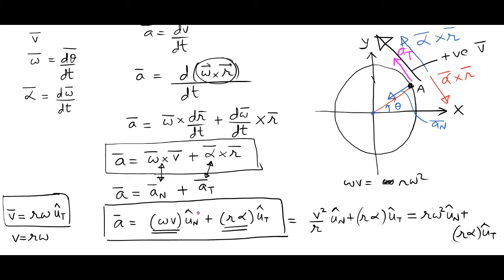And another variation of this which you get in some books is the vector un cap. Now un cap we have taken to be a unit vector which points towards the center of the circle.